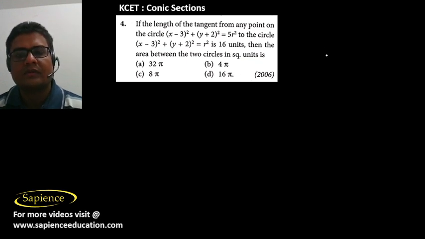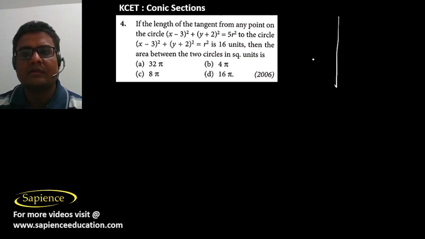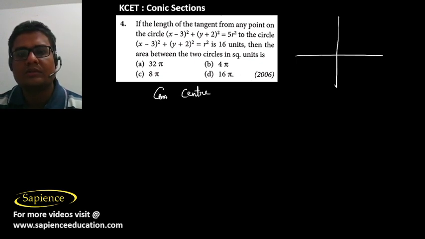So the center of both the circles is the same, so they are actually concentric circles with a common center, which is 3 comma minus 2.